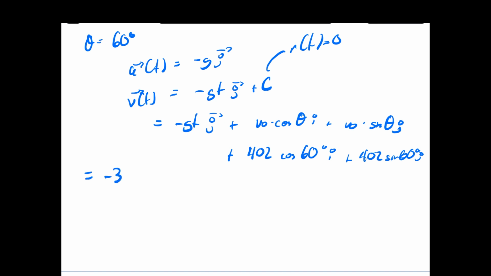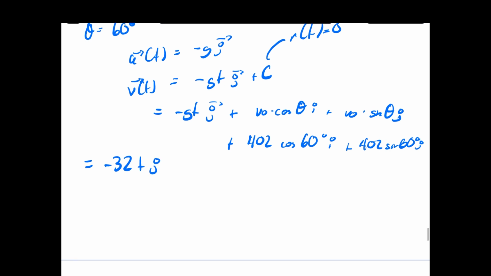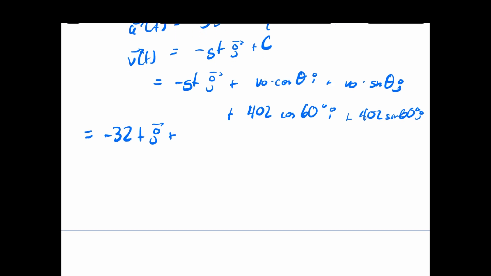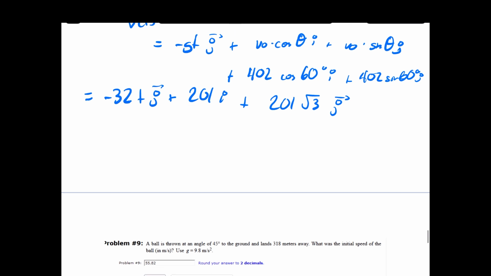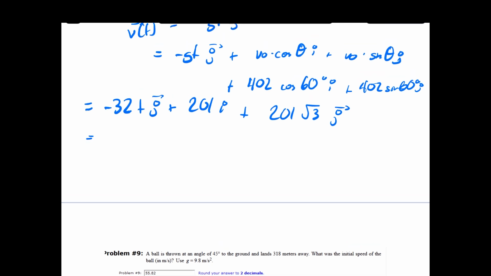And this is -32tj plus, if we evaluate those, for the cos, we'll get 1 over 2, and then for the sine, we'll get √3 over 2. And so simplifying everything, plus 201i plus 201 √3j. Cool. And so if we reorganize this, we're going to get -32tj plus 201 √3j plus 201i. Okay?